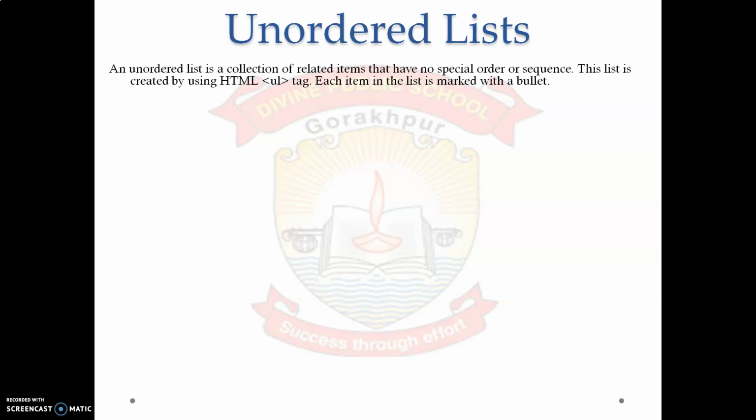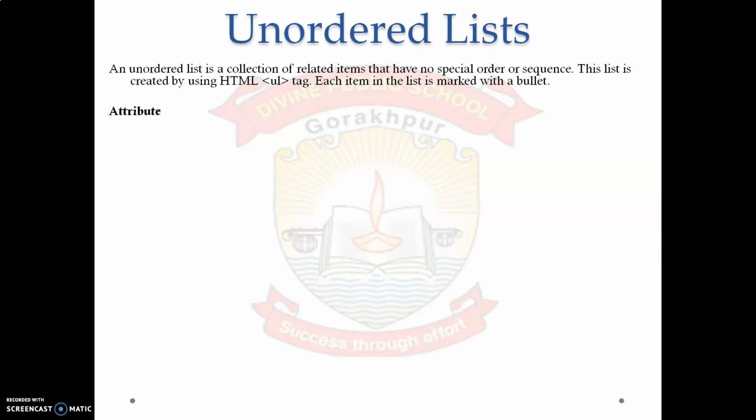This list is created by using the HTML UL tag. UL tag is used for unordered list. When we want to create an unordered list, then we have to use the UL tag. Each item in the list is marked with a bullet.